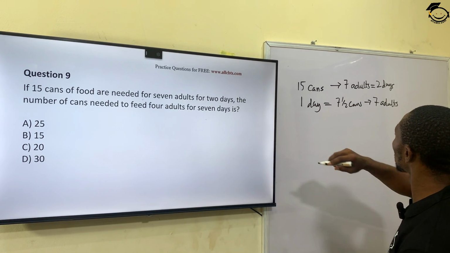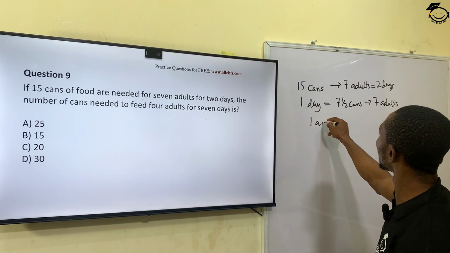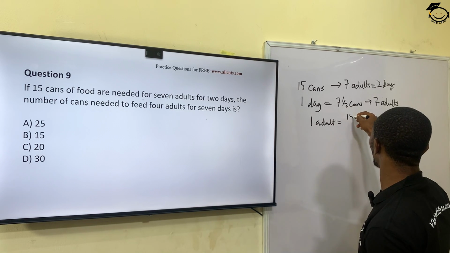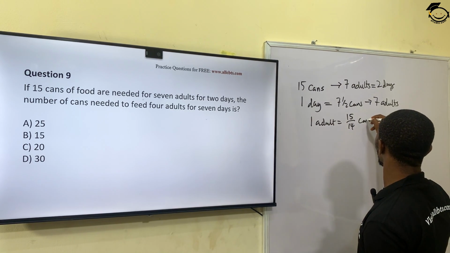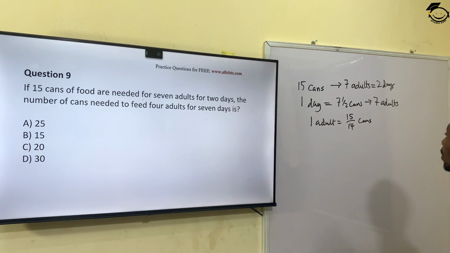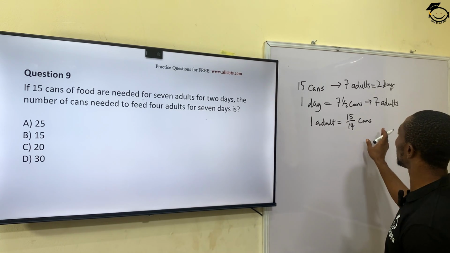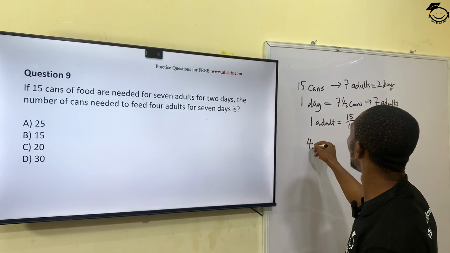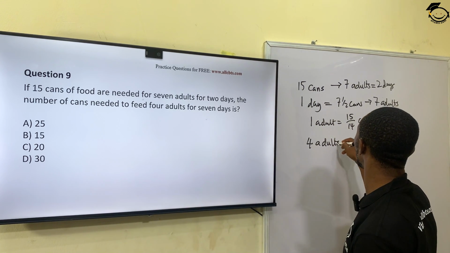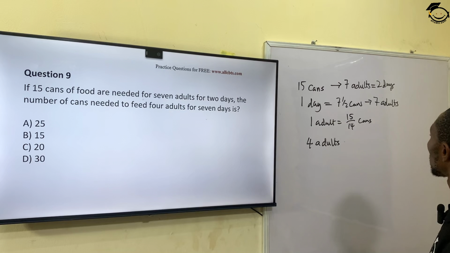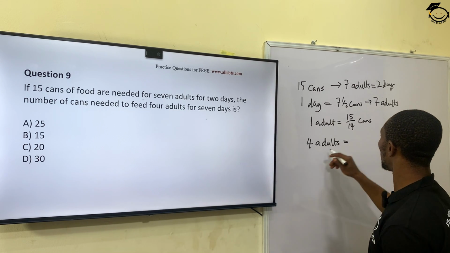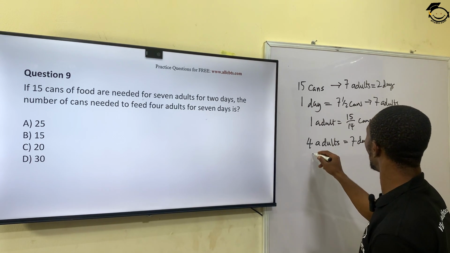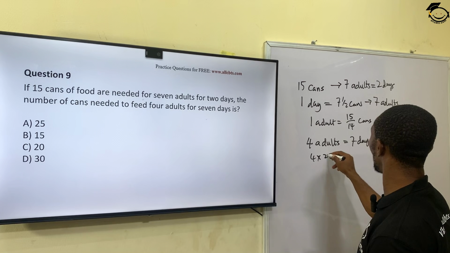Okay, so that means 1 adult would be having, let's say, 15 over 14 cans. All right, 1 adult will be having 15 over 14 cans of food. So when we talk about feeding 4 adults for 7 days, this will become 4 times 7, which is 28.